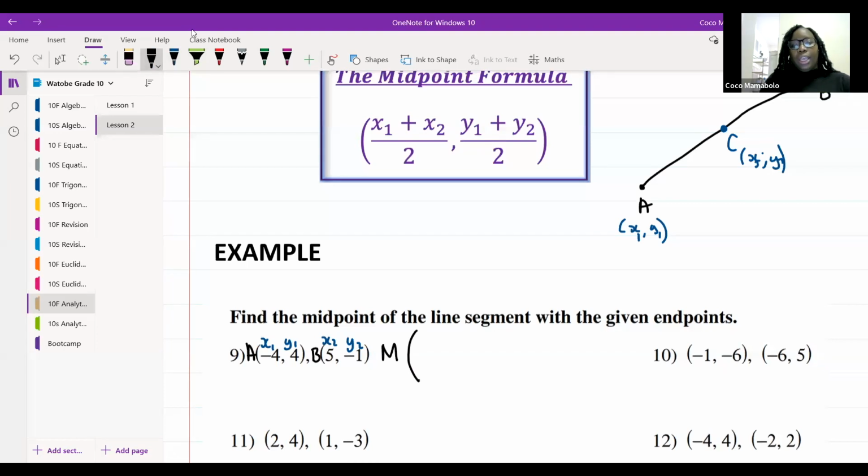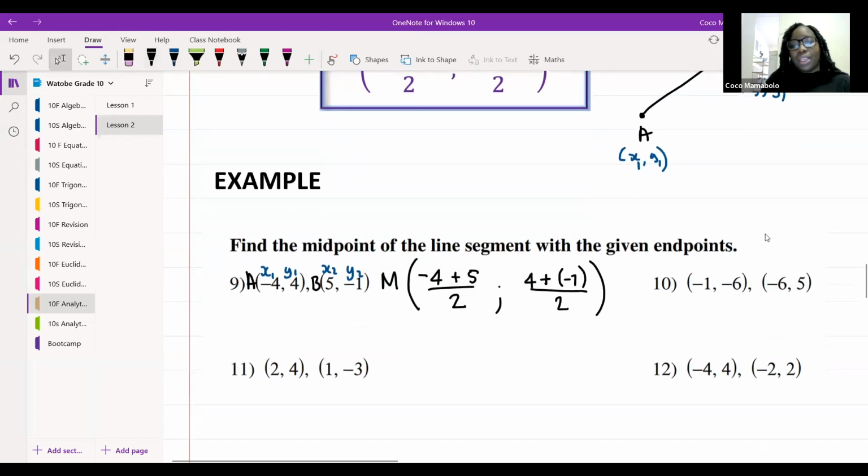I'm going to take X1, which is -4, plus X2, which is 5, over 2, like the formula says, comma in the middle. And then I'm going to take Y1, which is 4, plus Y2, which is -1, over 2. Close brackets.